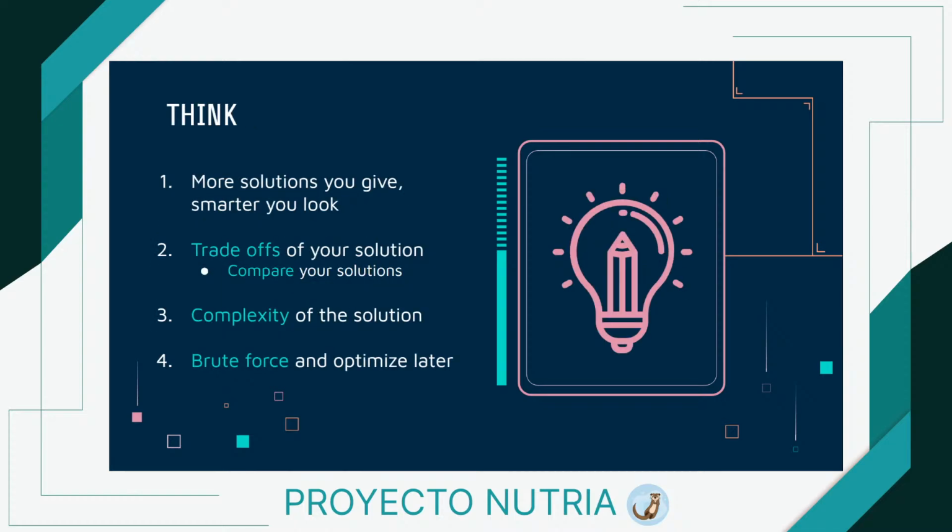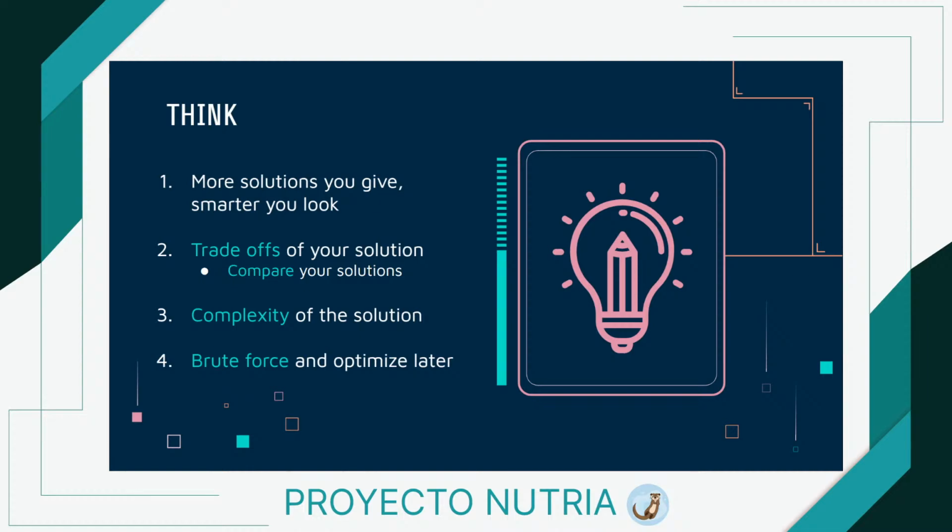Okay. So let's continue with the flow. We know the problem, we clarified the problem, we understood the problem. Cool. Now, what's the next step? We need to think, right? And when thinking, if you have multiple solutions, it is better. But again, think aloud.